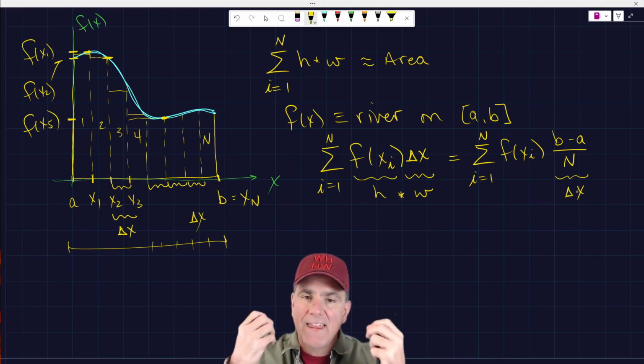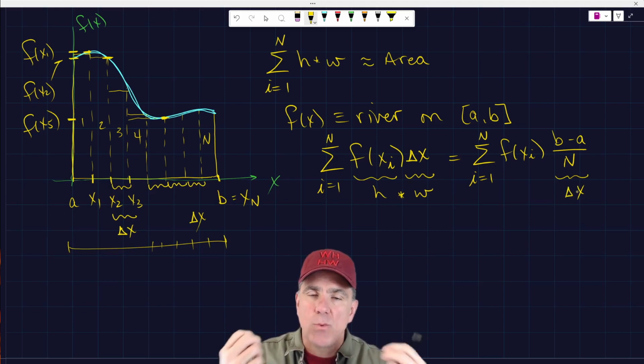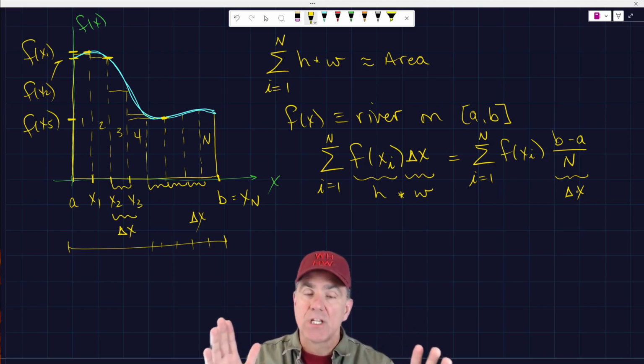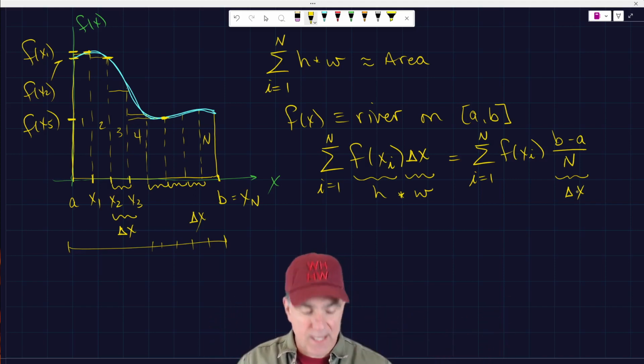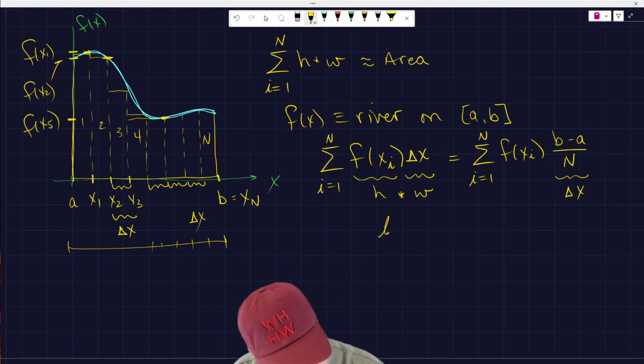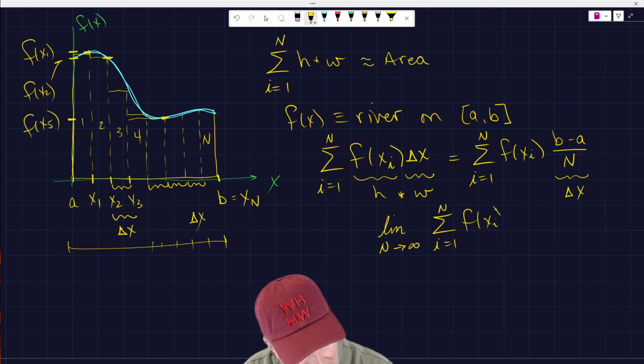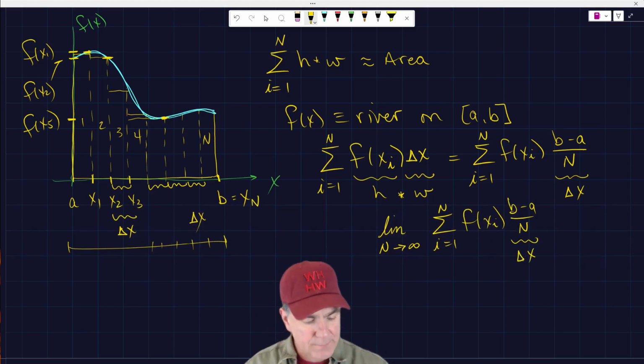Well, now I'm going to apply the idea of calculus. What have we been doing since week 1? Taking limits. We know it's more accurate when we take more and more and more rectangles. Let's take the limit as we go to infinity. So what we're going to do is consider the limit as n goes to infinity of this summation, i equals 1 to n, and then I have my f of x sub i, and b minus a over n, and remember this is delta x.